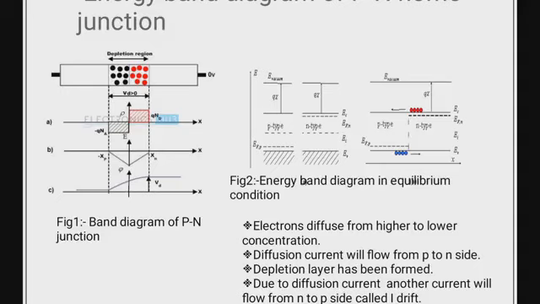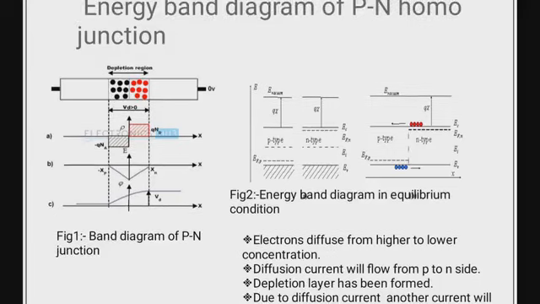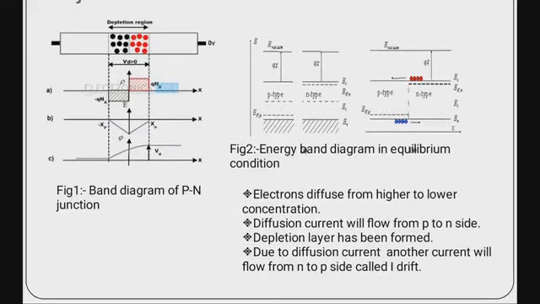Here Vx is basically minus the integration of Ex dx. So we can conclude that the integral of Ex dx, which is the area of E of x, is negative, so the potential Vx will be positive. Hence in this plot we have seen that it is increasing in the upward direction.